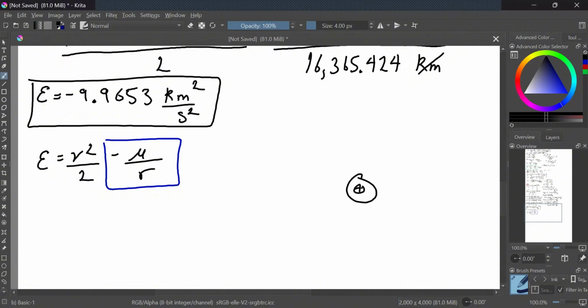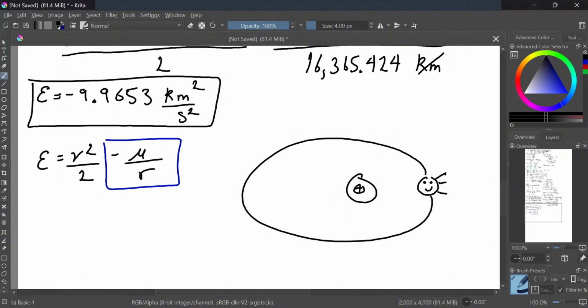Here's the second way of explaining it. That means that if we have our satellite orbiting our planet here, gravity is keeping it in towards the planet at all times. It does not have enough kinetic energy to get out and away from the planet and fly amongst the stars. So, when our specific orbital energy is less than 0, we have an elliptical orbit.